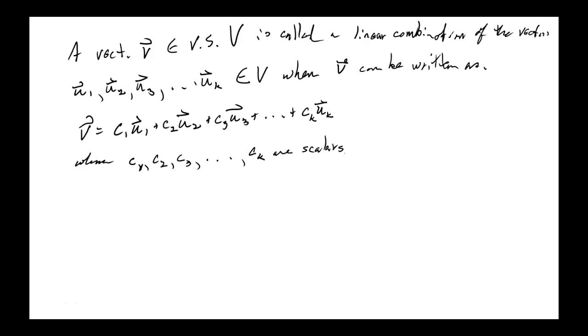Notice none of these are raised to powers or anything else. They're all to the first power, and these are just any scalars. That's what we mean by linear combination. Now, there's nothing special about that one yet. We're going to get to some specialness if we can get there. But let's first do example 1.